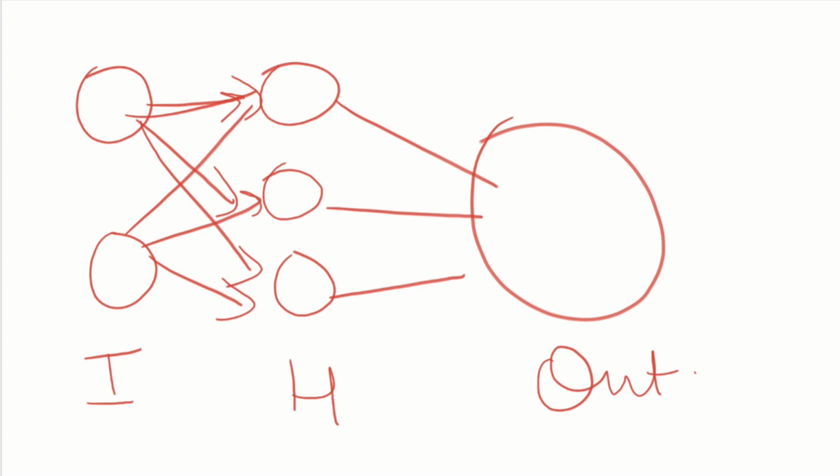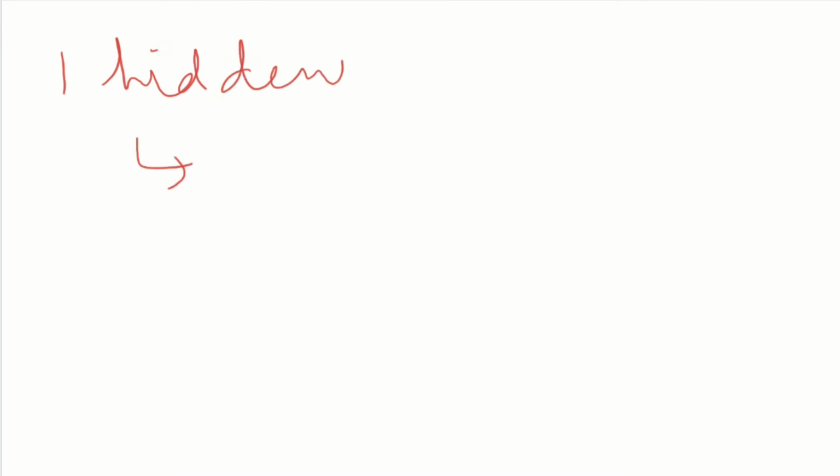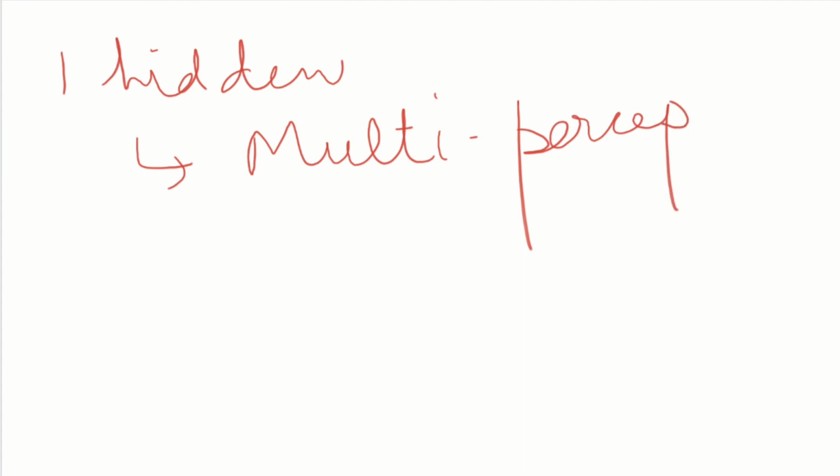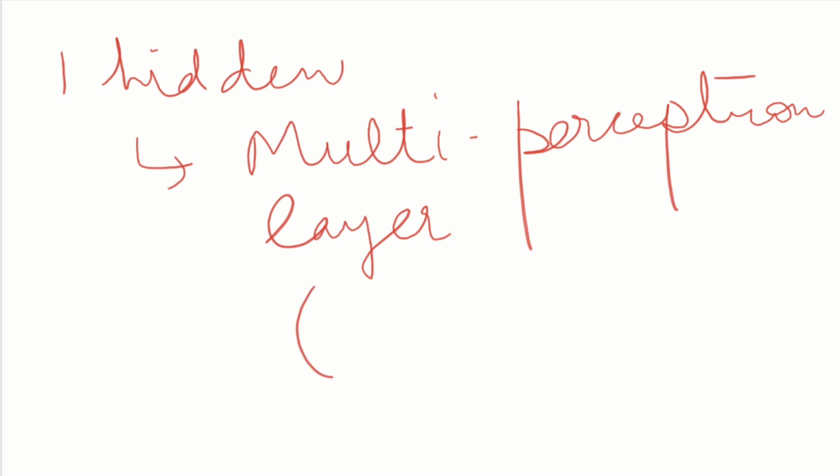If any ANN structure has one hidden or more than one hidden layer between input and output, it is called a multi-layer perceptron, MLP.